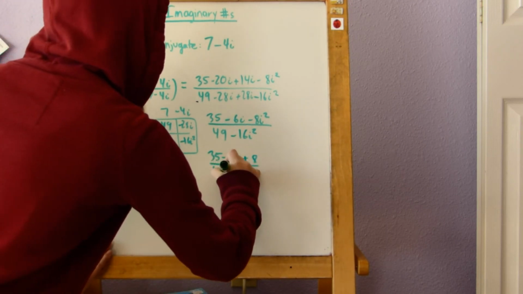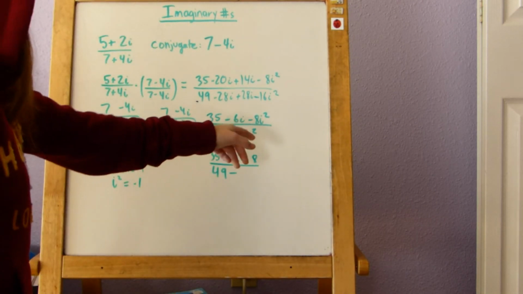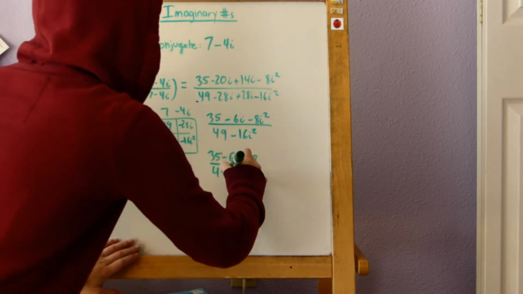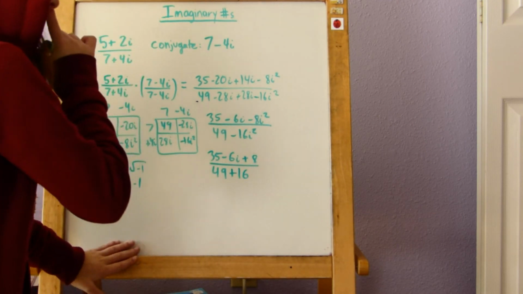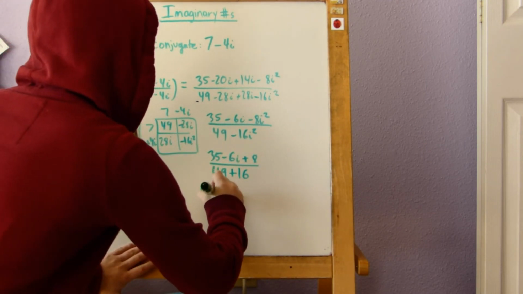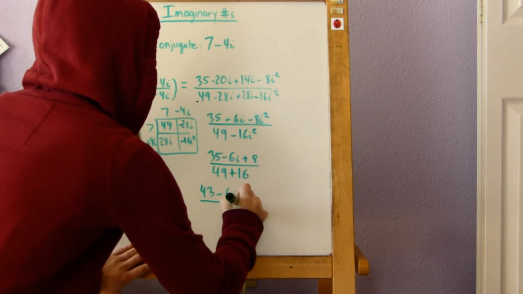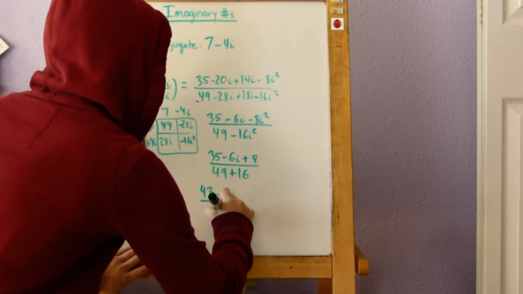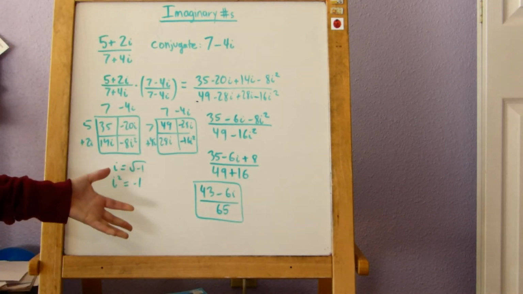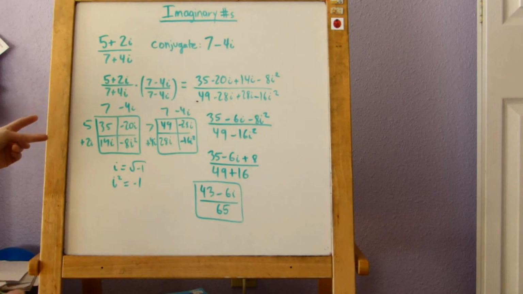Over 49 minus negative 16 times negative 1. Negative times negative, positive, plus 16. Now let's just simplify this a bit more. So this is going to be equal to 43 minus 6i over 65. That is our fully simplified answer, and that's how you divide two complex numbers.